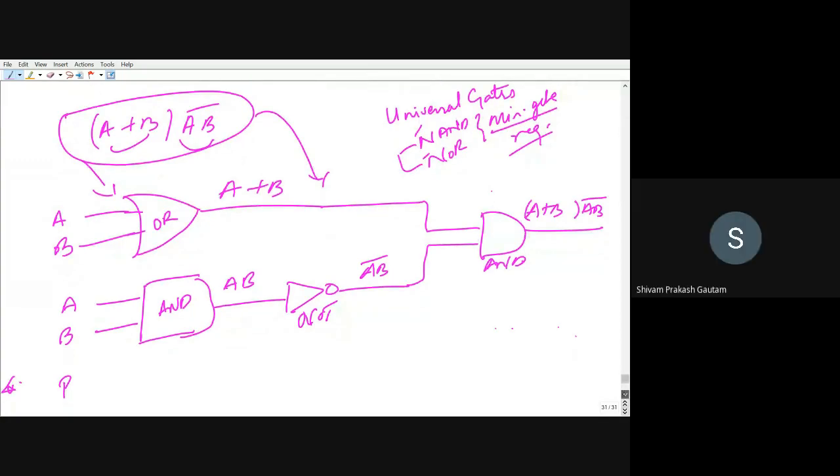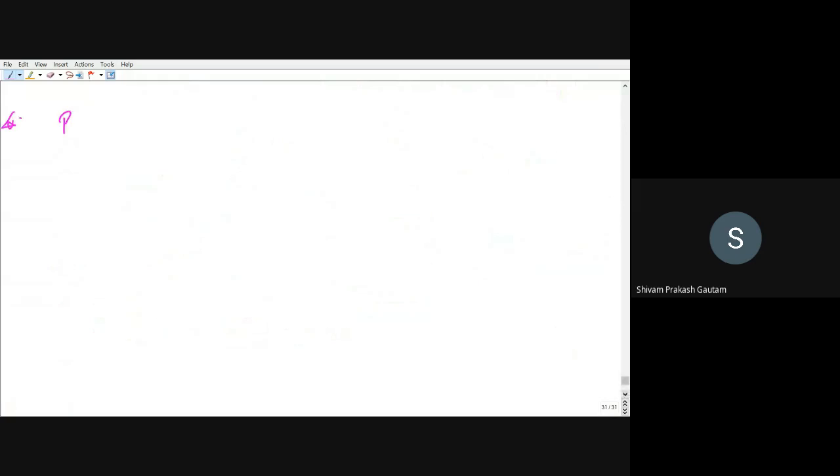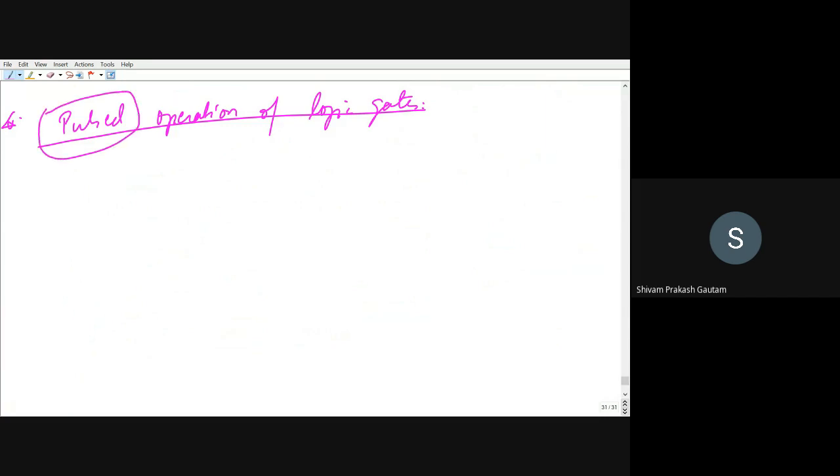So we will be seeing now pulsed operation of logic gates. Generally, how these gates turn on and turn off, or how you are getting the output. In our digital system, we will be having it in pulsed format. Any information can be stored in pulsed format, right?